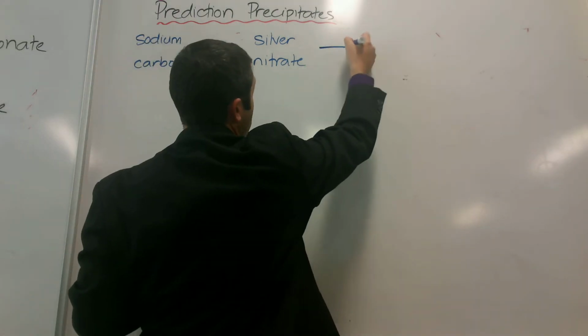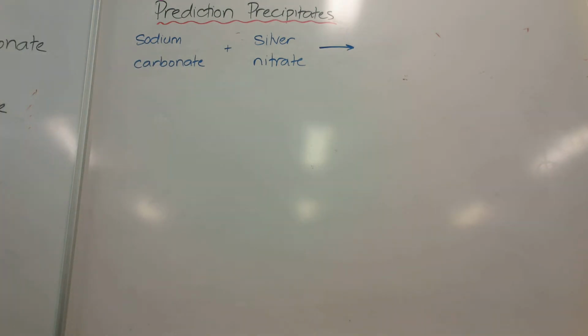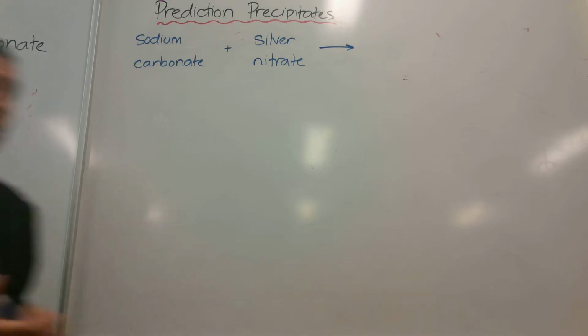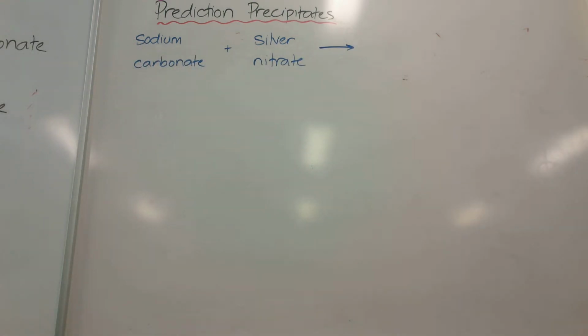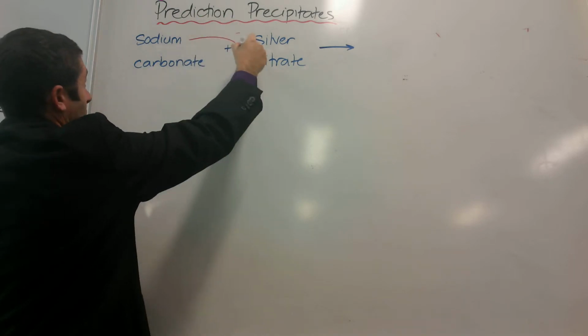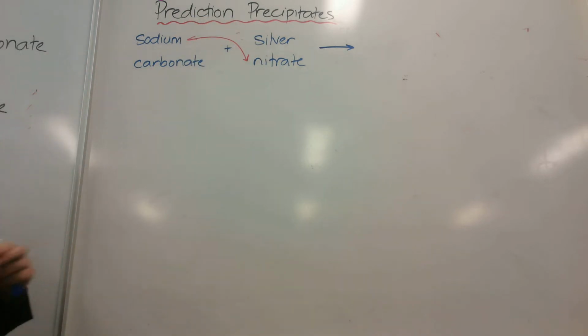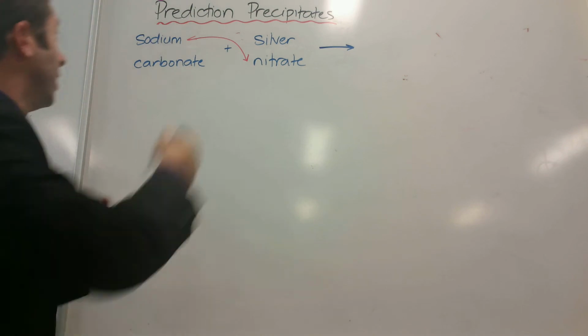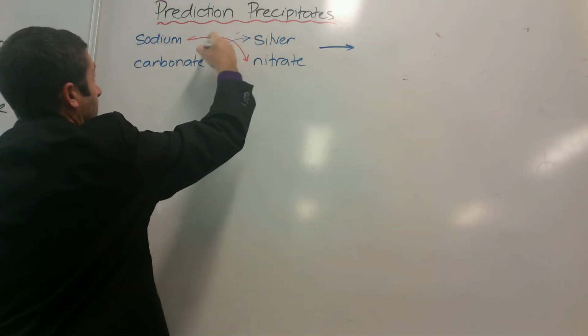So I do my arrow. Remember, it's an arrow, not an equals, for a chemical reaction. This is a word equation, and all I'm going to do is swap things over. I'm going to add that one to that one, and that one to that one.